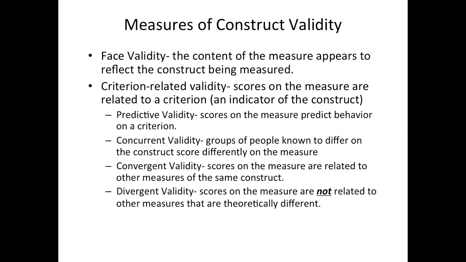Now, my question is, what's the problem with only relying on face validity? And I'm going to move off of you. Can anyone suggest what problem might occur? Might not give you the correct measure, I guess. Can you explain a little bit what you mean? I think you might need a different way of measuring.